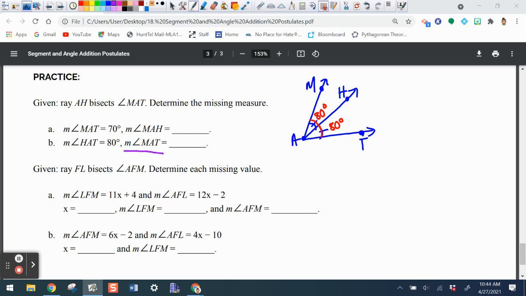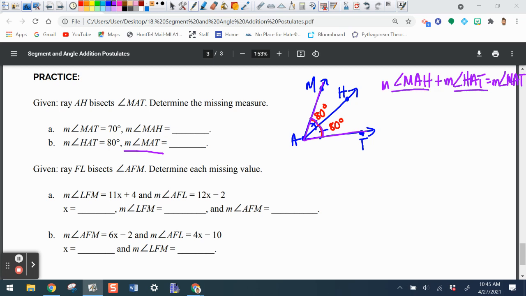So we want to know the measure of angle MAT. Well, these two angles, MAH and HAT, combined create the measure of MAT. So our formal equation is the measure of MAH combined with the measure of HAT is equal to the measure of MAT.